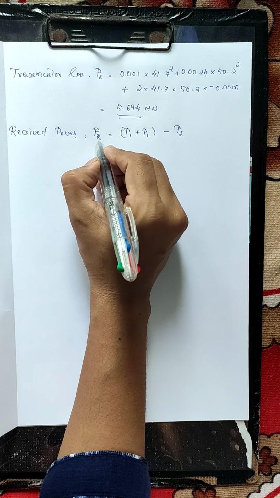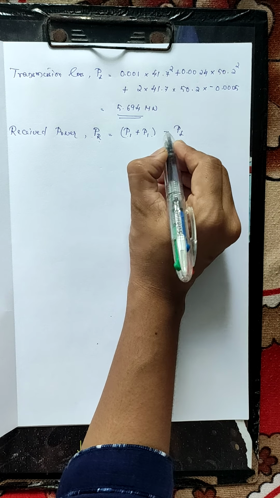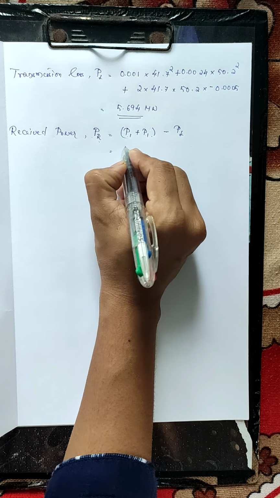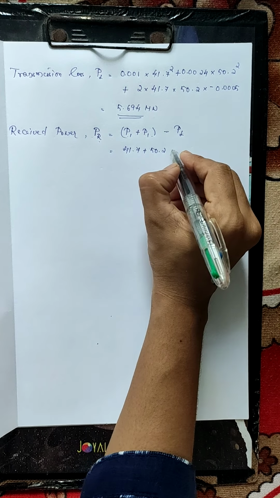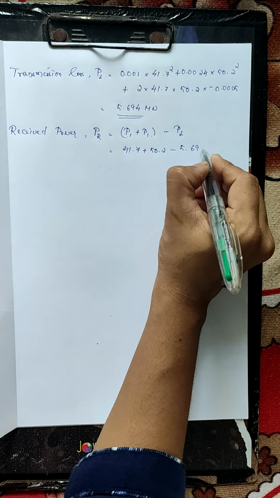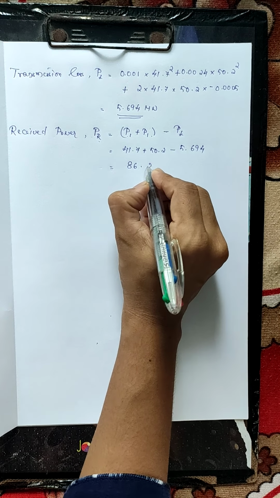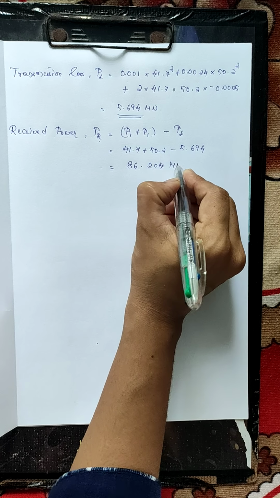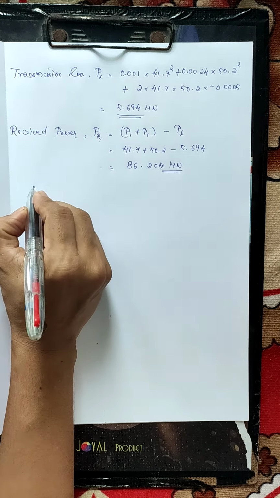So received power received by the load will be equal to total power generated minus the loss, that is 41.7 plus 50.2 minus 5.694, which is equal to 86.204 megawatt.